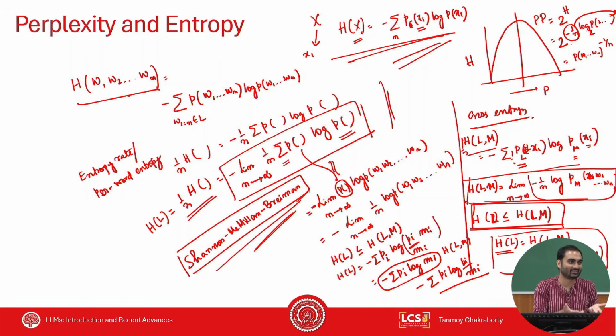Versus if I say that this language model can generate 8 possible tokens for the next word, versus this language model can generate 3 possible tokens for the next word. This makes more sense. You can say that the second language model is better than the first because the second language model is more certain. Clear? So this is the beauty of perplexity.